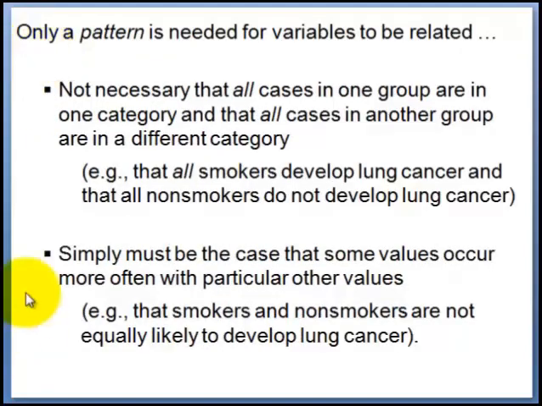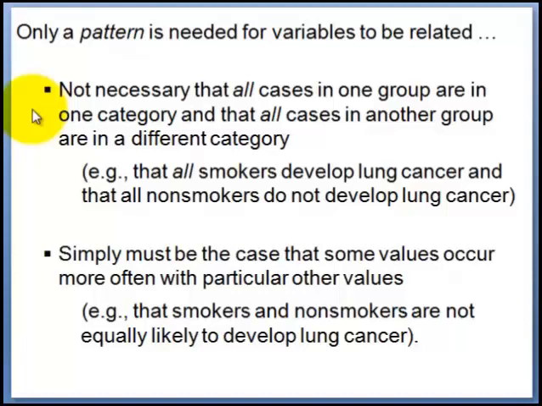Now to have a relationship between two variables, we need in essence only a pattern. For two variables to be related, it need not be the case that all cases in one group are in one category and all cases in another group are in a different one.